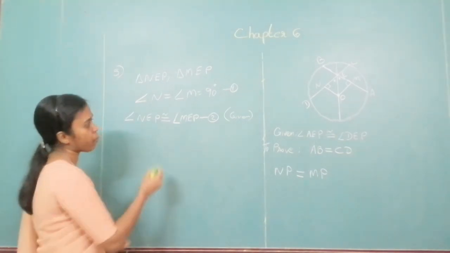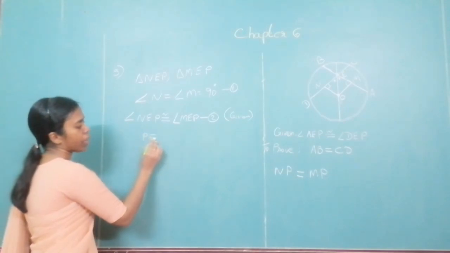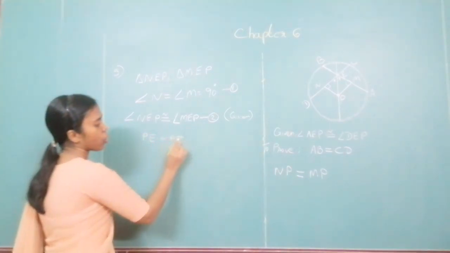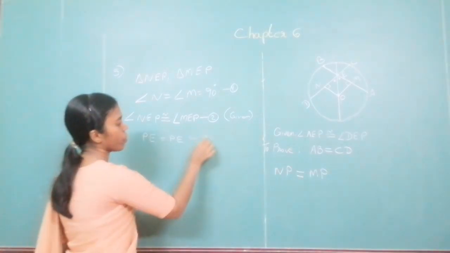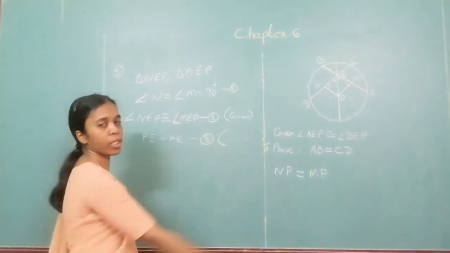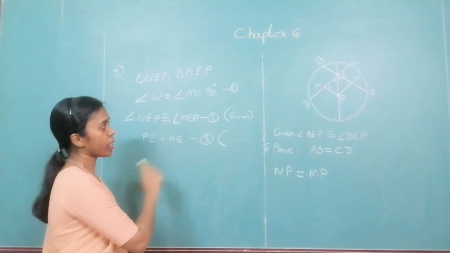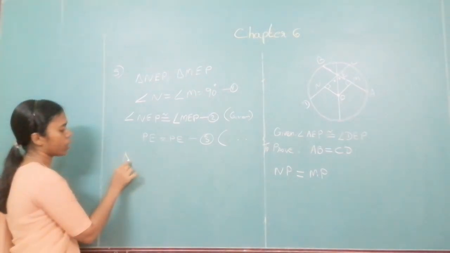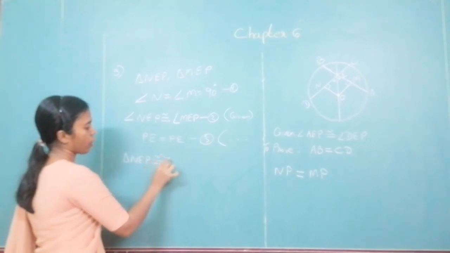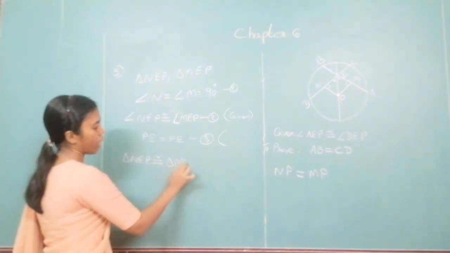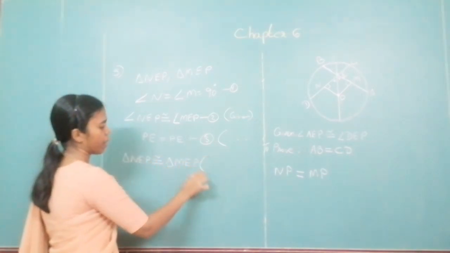Look at side PE. I can say that PE is equal to PE. Common side. That is the common side. So I can say that the two triangles NEP is congruent to triangle MEP.